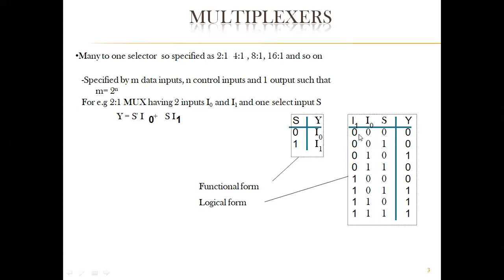So logically, it means that your input I0, I1, they can be 0, 0, they can be 0, 1, they can be 1, 0, 1, 1, and the status of the output will depend upon what is the select line. So if S0 is 1 and both the inputs are 0, the output will be 0, and when S0 is equal to 0, again it is going to be 0 because both the inputs are 0. So that is the logical form, or the complete expanded table of that. Otherwise, this is sufficient to give you the idea of the functionality and how to implement it using a combinational logic.